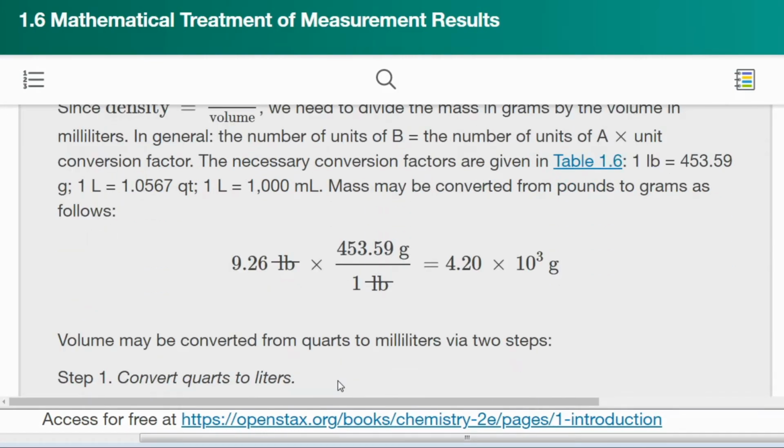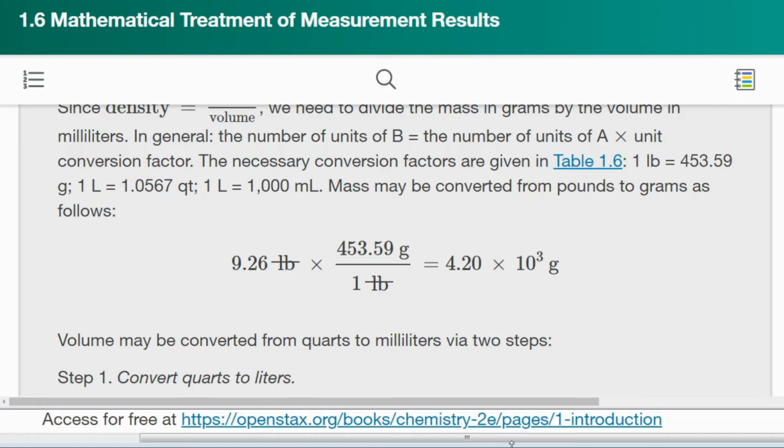The necessary conversion factors are given in Table 1.6. 1 pound equals 453.59 grams. 1 liter equals 1.0567 quarts. And 1 liter equals 1,000 milliliters. Mass may be converted from pounds to grams as follows.